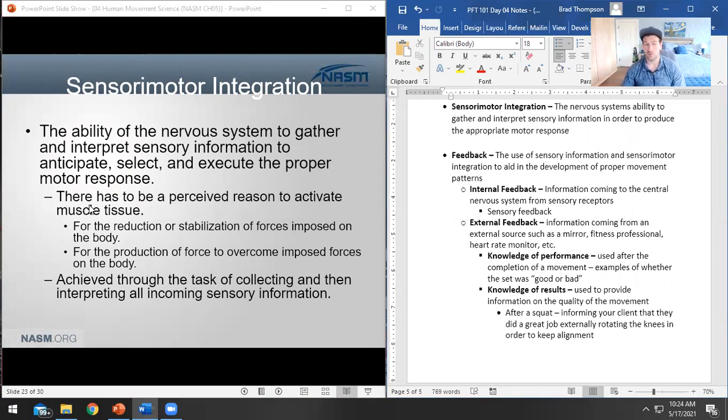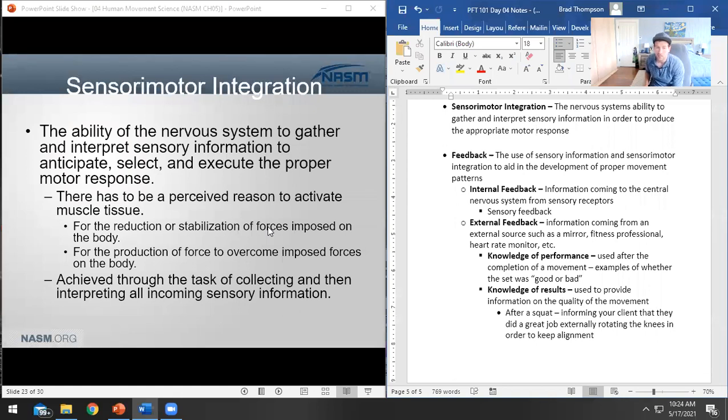Here's a good way to think about this, right? For the reduction or stabilization of forces on the body, that's a good reason to activate a muscle. So if your body goes, oh wow, we're reducing force, great. Like if we're sitting into a chair, your body's going to know how much force it needs to generate based on how much it feels gravity and what your position is.